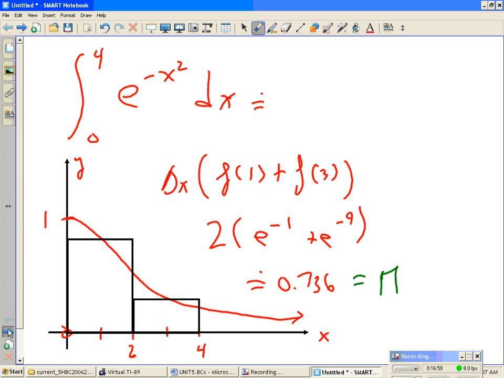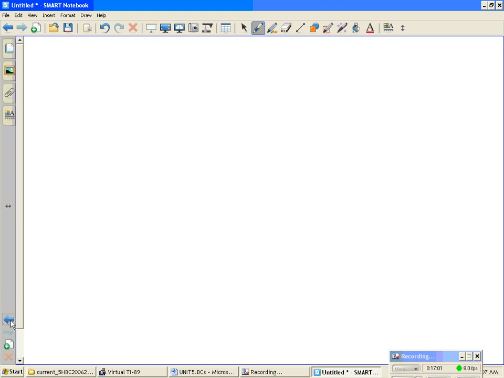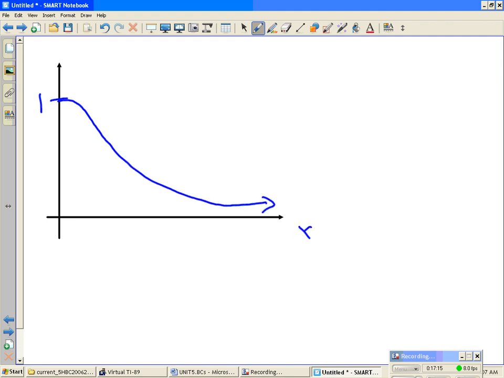Okay, let's graph this again. So let's do a trapezoid picture here. All right, so this is 1, and e to the negative x squared looks like that. And again, I'm going to break this up: 1, 2, 3, 4.